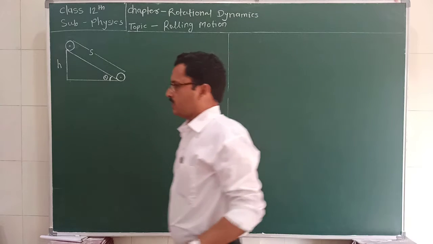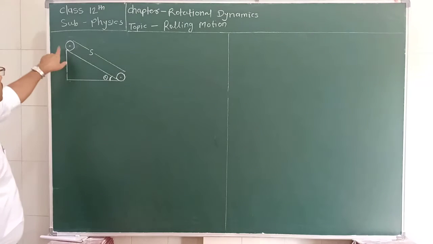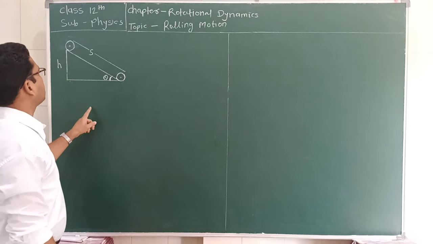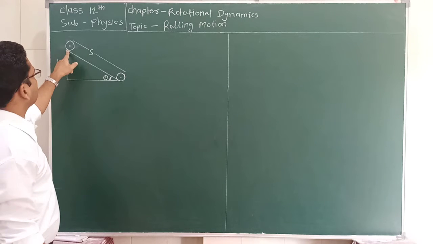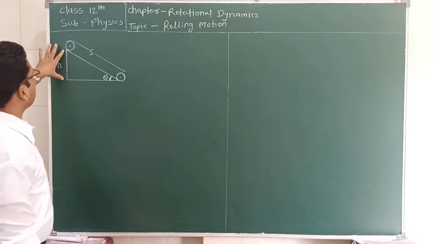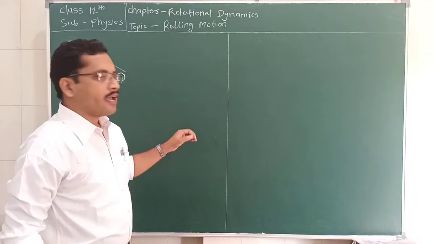In this case, consider this is a ring which is placed at the top of the inclined surface. The distance from this surface to the bottom is equal to h, and the height of this inclined surface is equal to h.